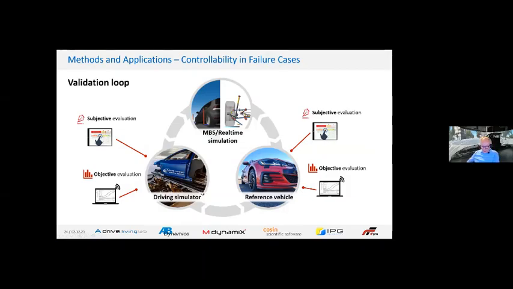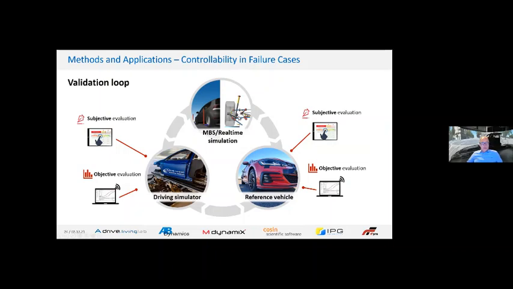Therefore, we have done a lot of investigations and research on how they work together, because always the question is, is the simulator capable of testing controllability behavior? Therefore, we started a certain validation project.